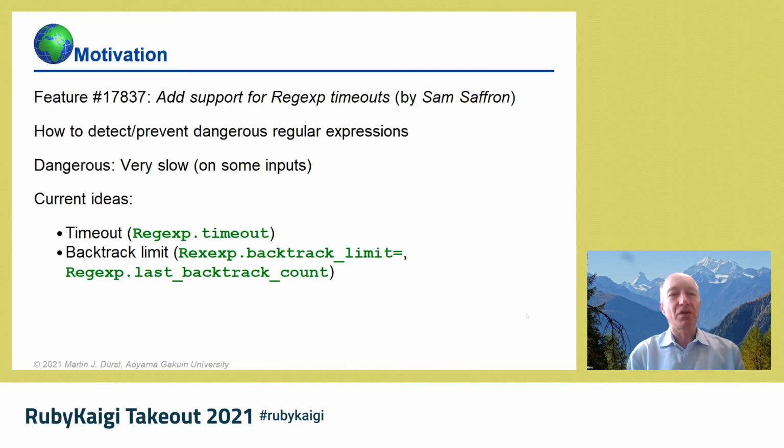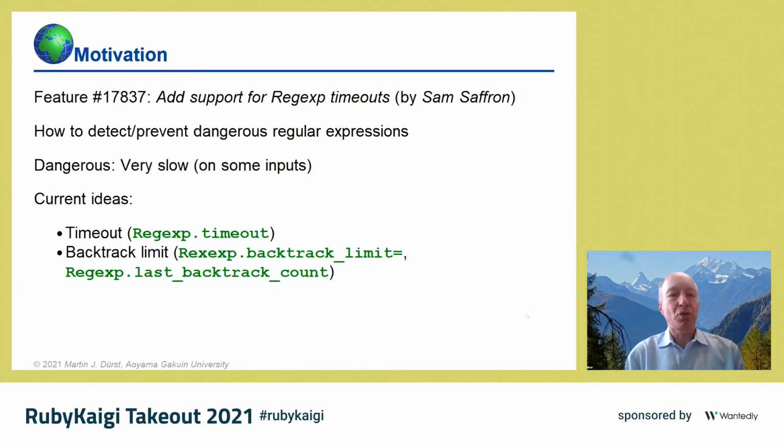Okay, what's the motivation for this talk? The motivation is feature 17837, a proposal by Sam Saffron to add support for regular expression timeouts. The question is how to detect or prevent dangerous regular expressions. And why are they dangerous? Well, they can be very slow on some inputs. It's not that regular expressions as such are slow, but some of them can get extremely slow on some inputs.